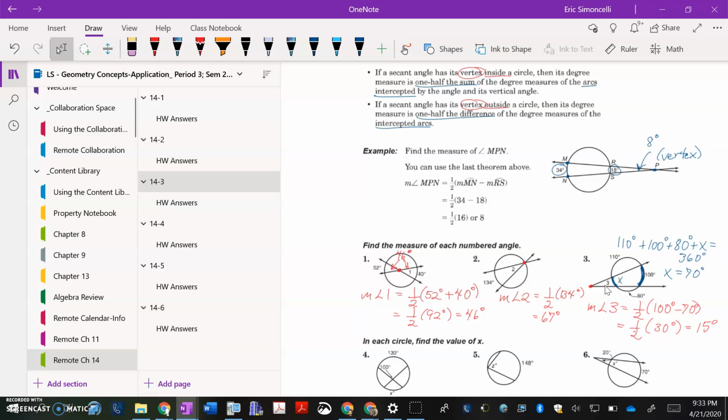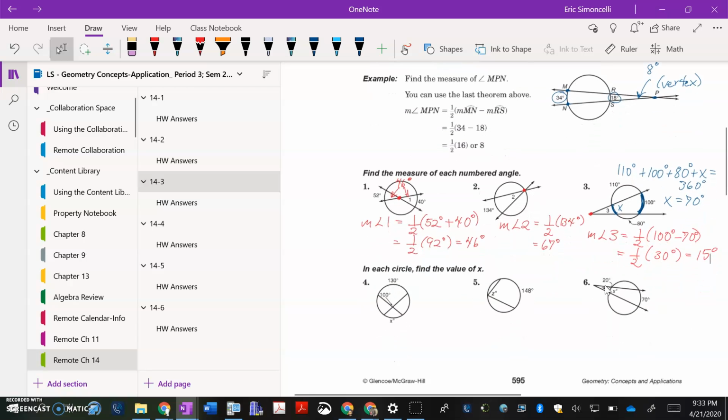Moving forward, in each circle, find the value of x. Okay, so again, this looks to be an angle inside, or interior, of the circle. We've got a 130-degree arc. We have an x degree arc, which again, we don't know, but we're going to have to find. But the angle inside we know is 100 degrees.